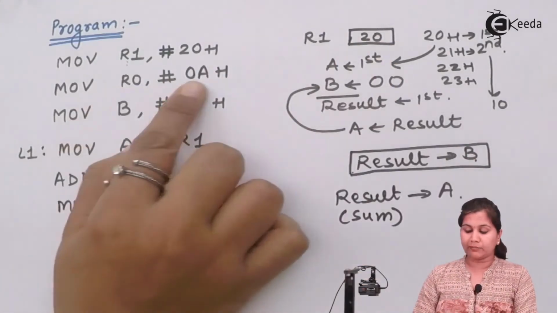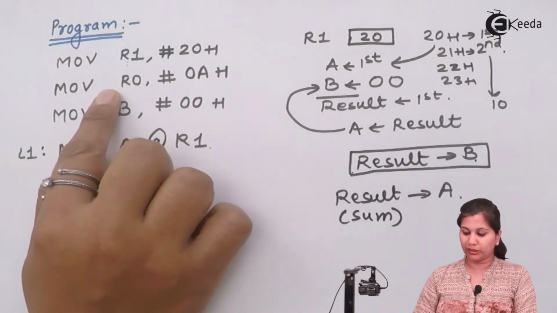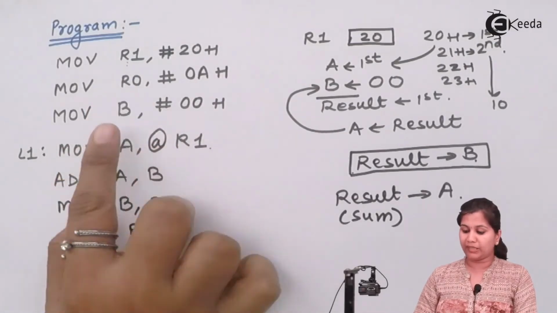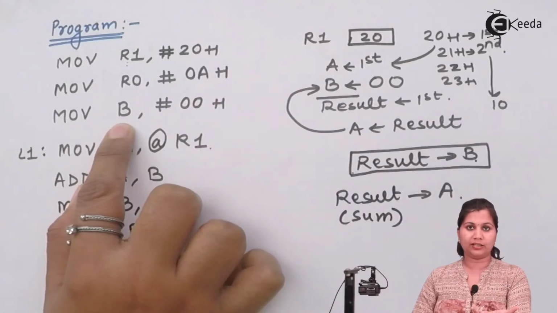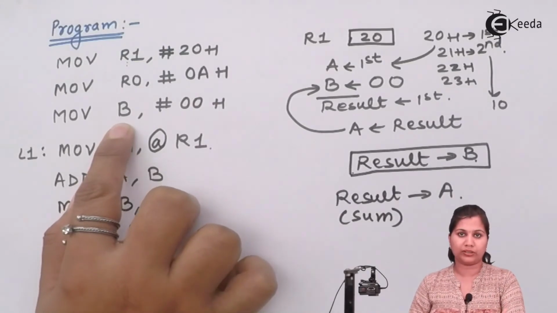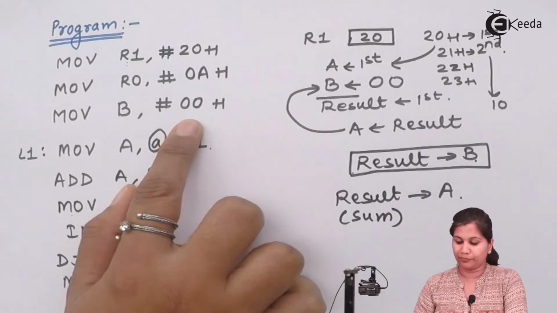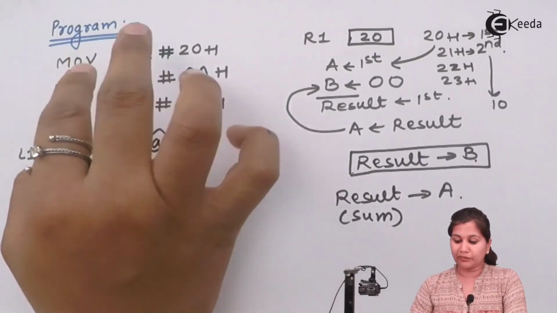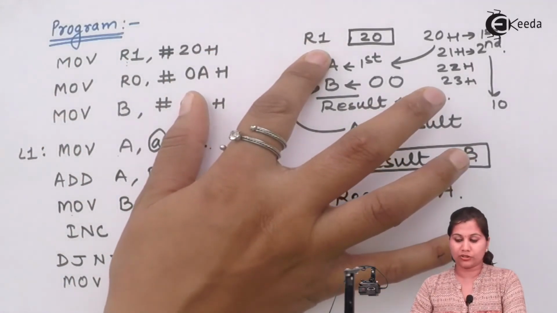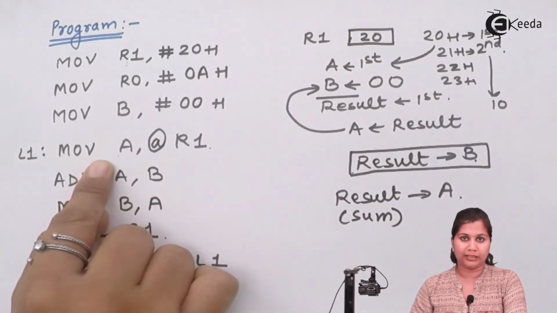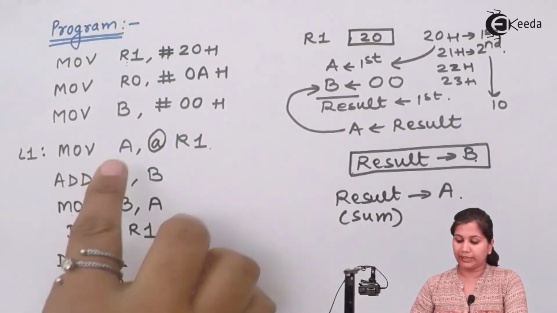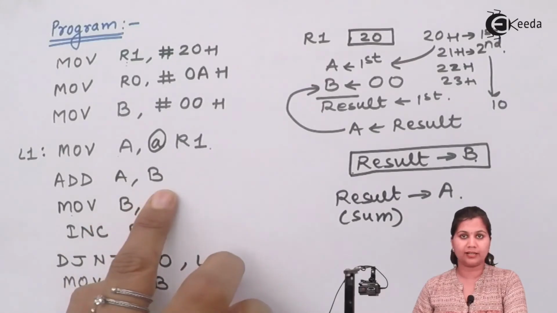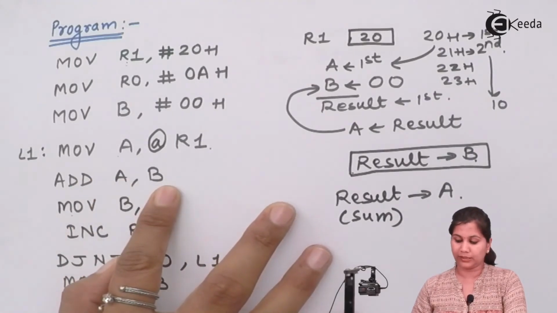Now 10 numbers are there, so that will be loaded in the R0 register. B is used for the initial result, that is, the initial sum of those 10 numbers is 0. Afterwards, the number which is at the R1 memory location is added with the accumulator. Now A and B, that is the initial result, are being added.